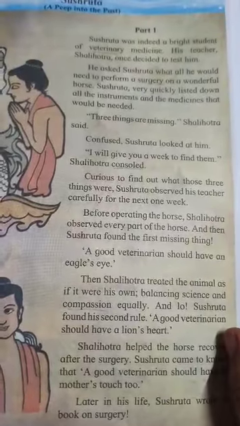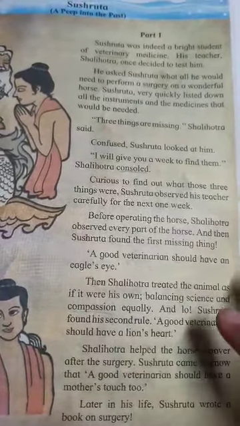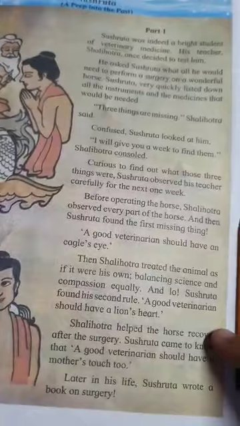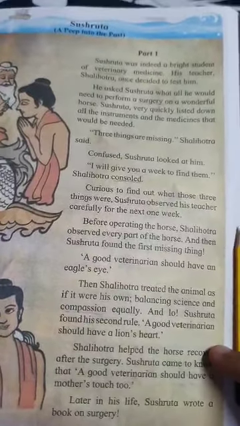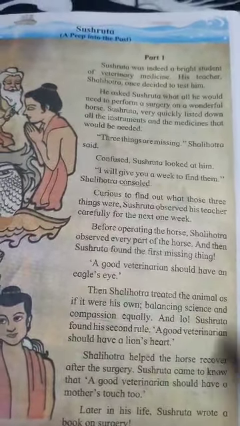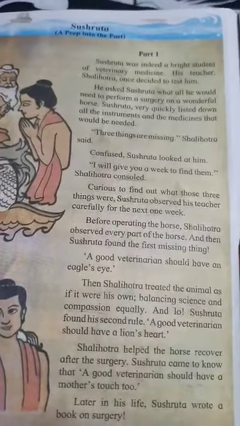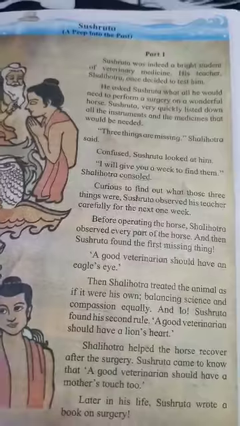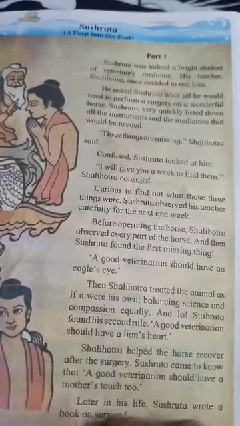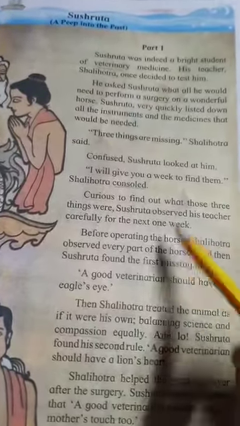As he was a bright student, he was very curious to find out the three missing things, so for the full week he observed all the activities the teacher was doing.